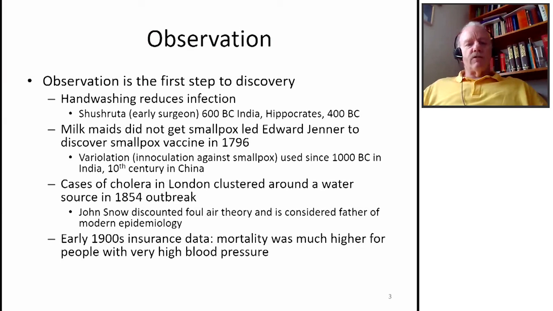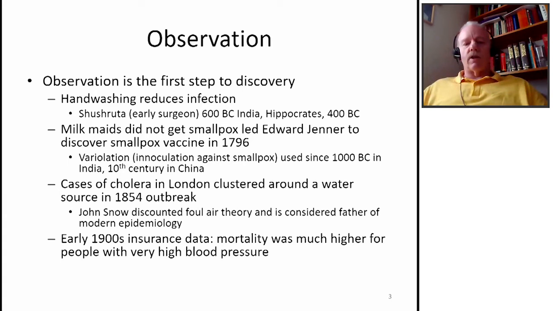So observation is the first step to discovery, and here are some famous cases of observation leading to discovery: hand washing and reducing infection. Edward Jenner noticed that milkmaids didn't get smallpox, and that led Jenner to discover the smallpox vaccine in 1796.